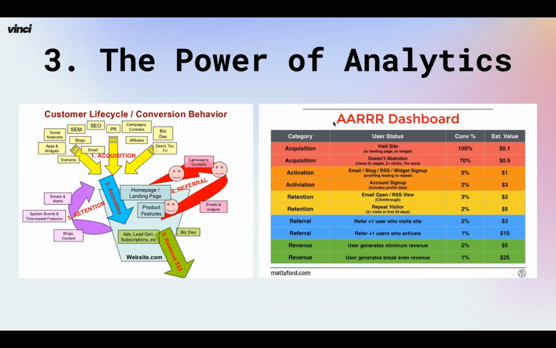The double A means acquisition and activation, and the three Rs mean retention, referral, and revenue. This is basically a funnel, as you can see. Twitter is here, but on Twitter you can build the entire funnel, take the entire funnel with you and rebuild it. So let's see some examples of how I use the Pirate Metrics framework on my Twitter.